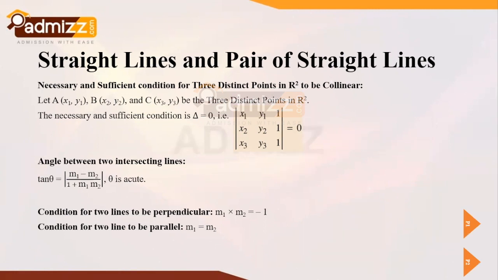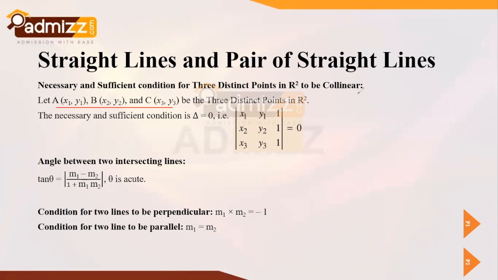If in two dimensions we have three distinct points A (x1, y1), B (x2, y2), and C (x3, y3), the necessary and sufficient condition to check whether they are collinear is that the determinant of the rows (x1, y1, 1), (x2, y2, 1), and (x3, y3, 1) must be equal to 0. If it is non-zero, then the points are not collinear.